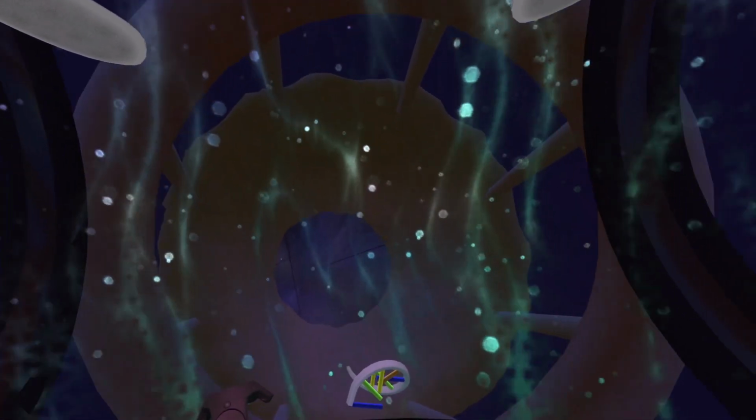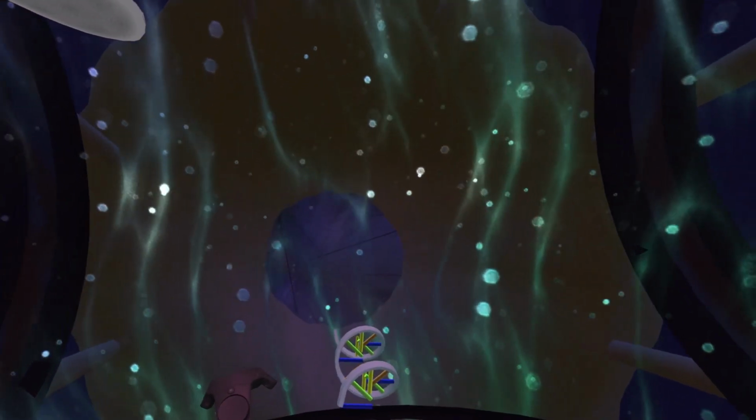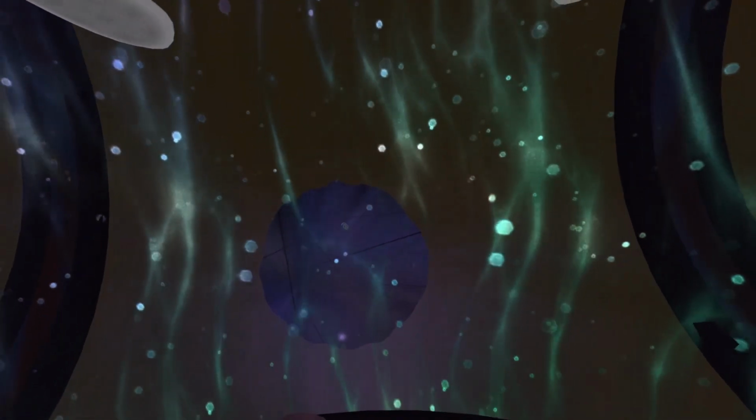Let's exit the nucleus through a nuclear pore. We have exited the nucleus and are now floating through the cytoplasm.